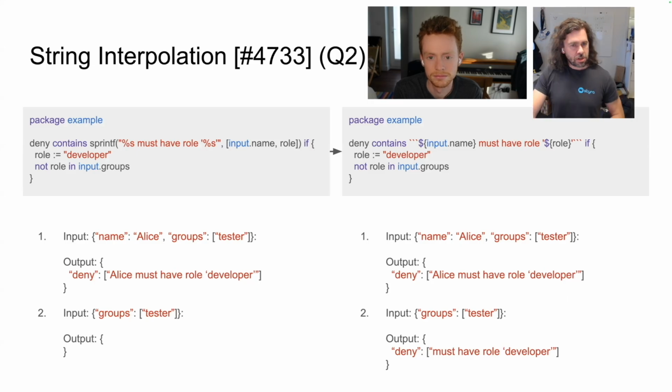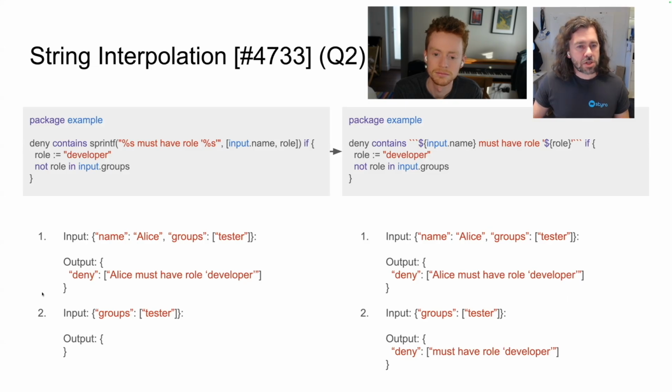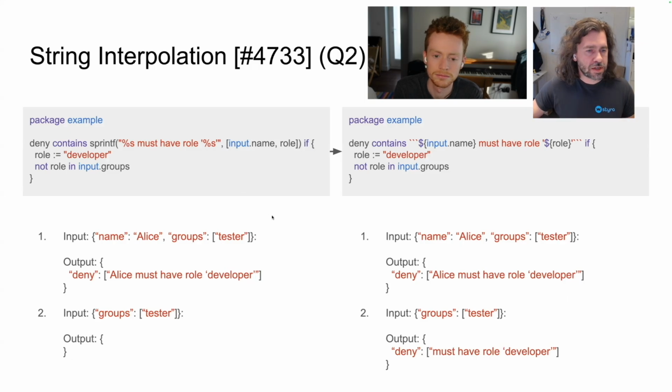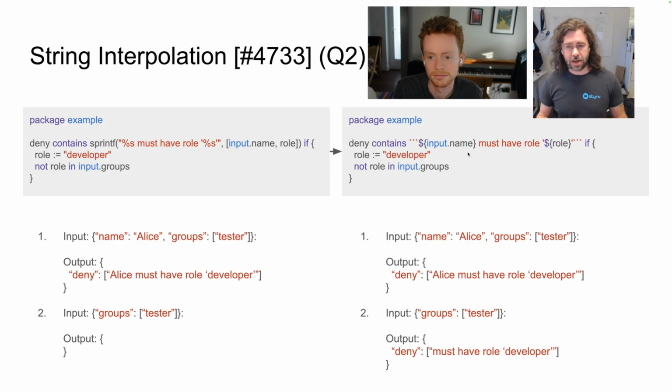What you need to do in Rego today, if you want a string with dynamic information in it, is use the sprintf function, write a C-style string, and add a list of variables that you want to add into that string at runtime. String interpolation instead allows you to declare it directly into the string, which can make it more readable.